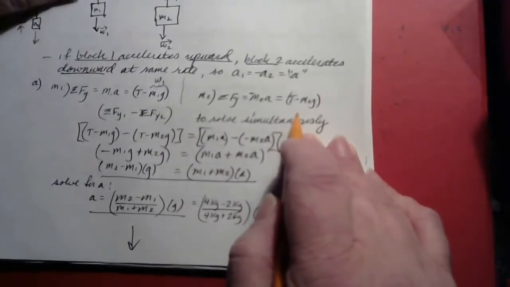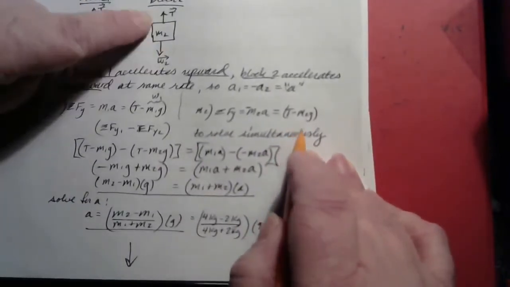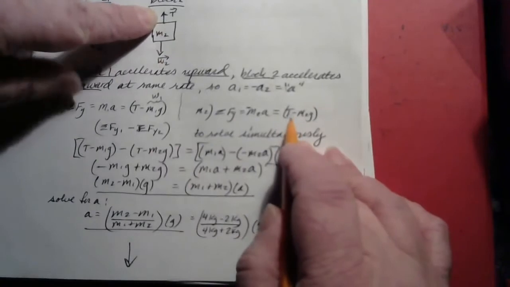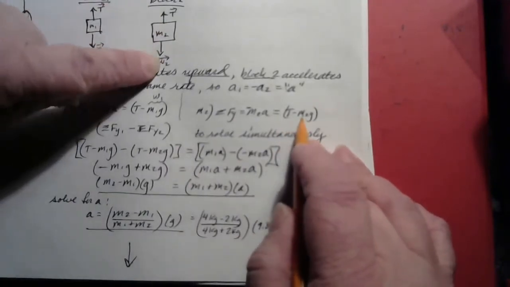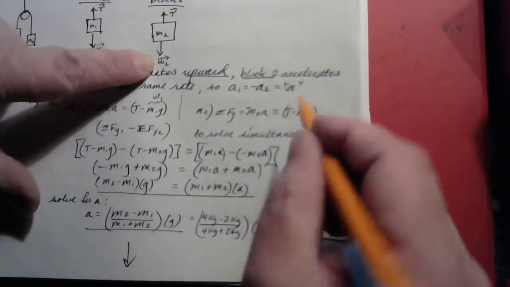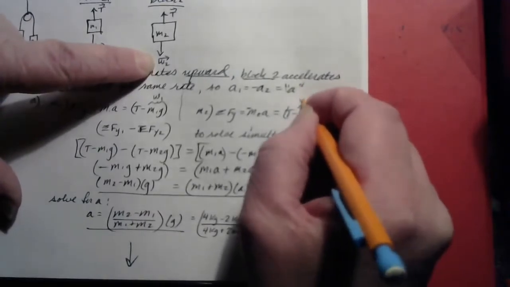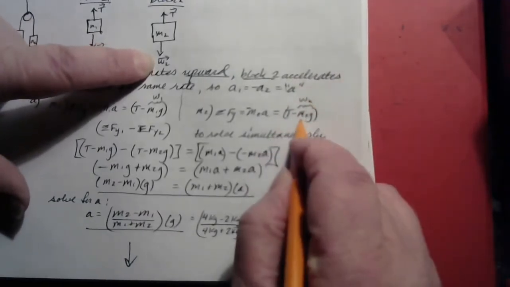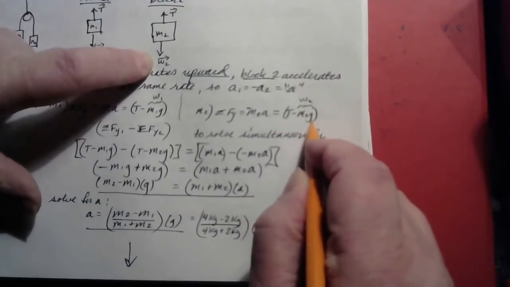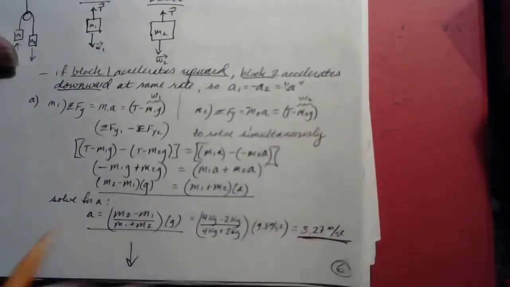But for block 2, the summation of all of the forces from our free body diagram here is the tension in the line minus the weight. The weight of block 2 is mass 2 times g.